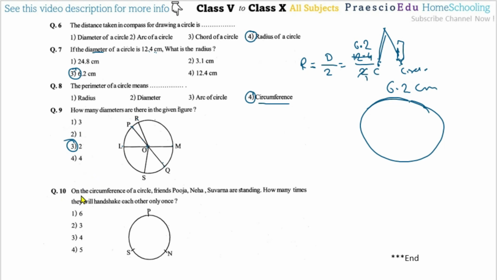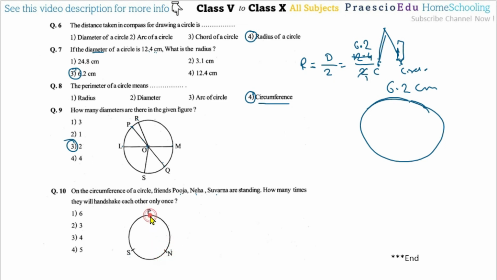Then question number 10. On the circumference of the circle, friends Pooja, Neha and Suvarna are standing. Pooja is denoted by P, Neha by N, Suvarna by S. Now, how many times will they shake hands with each other?